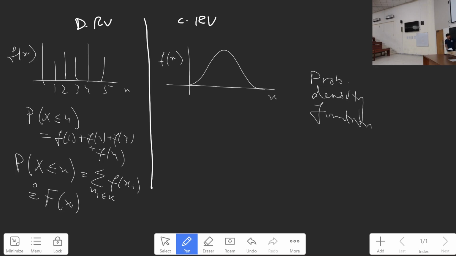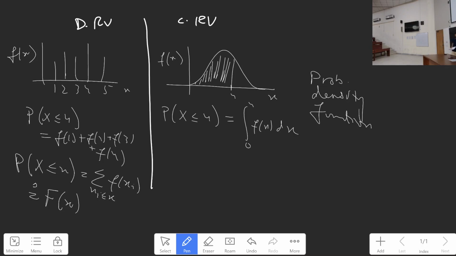Now we will replicate this here, where we will say, okay, let's say the 4 is here. Then what's the probability that x is less than or equal to 4 in this case? Now you will have, in this case, 0 to 4, so you integrate over this area f(x) dx.